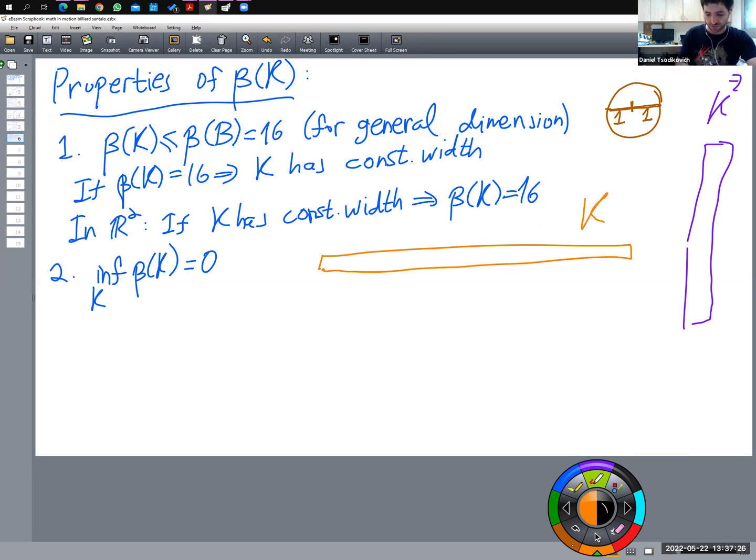The shortest billiard trajectory is the product of these two small things, and it can approach 0 arbitrarily close. So there is no meaningful lower bound for the billiard product.